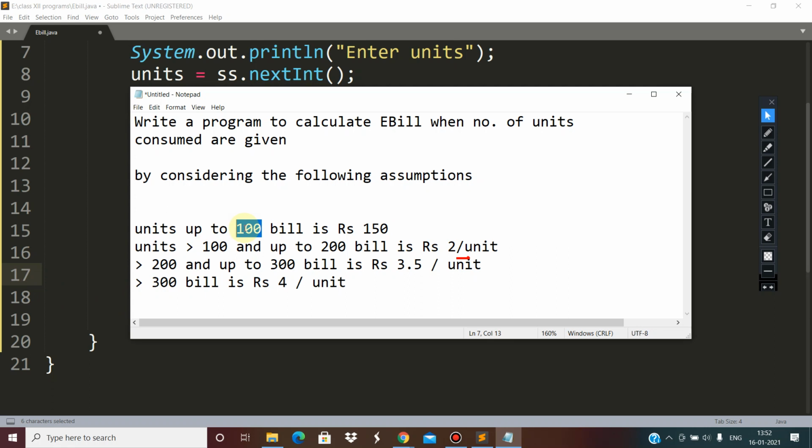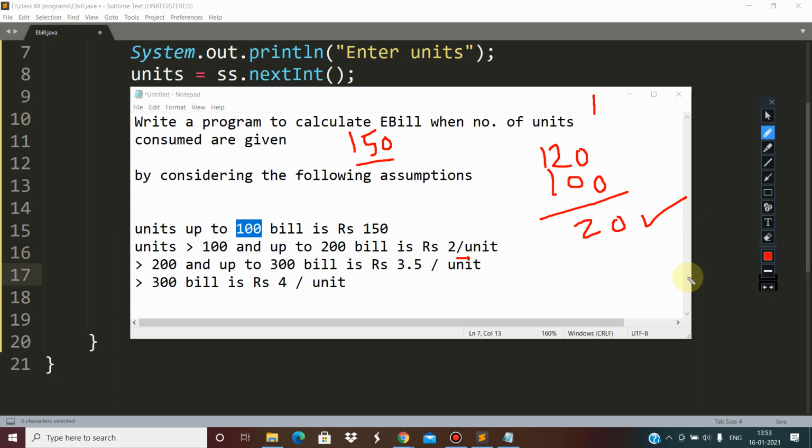So the specification says that for the first 100 units you have to pay rupees 150. Even if you consumed only 1 unit, you have to pay 150, because it is given in the question for units up to 100. So for the first 100 units, when you have taken this amount, you have to subtract this 100, because you have already paid for 100 units. So how many units are left? 20 units are left.